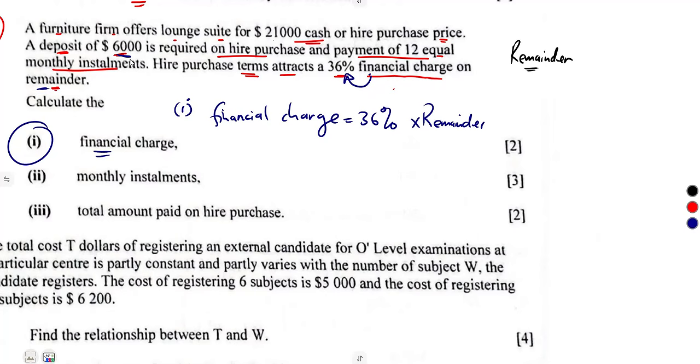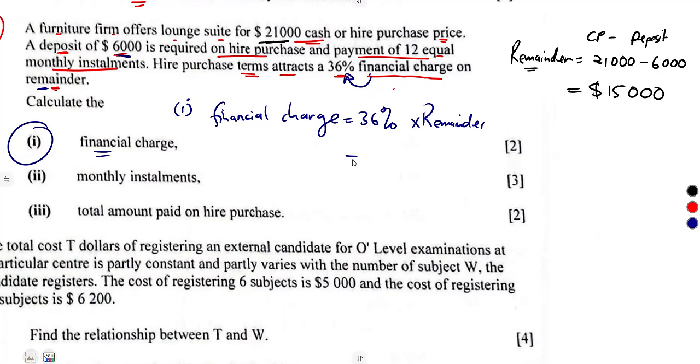What is the remainder when you pay that deposit? The deposit has been paid, so the remainder is from the cash price. It is simply the cash price minus the deposit, where our cash price is 21,000. Subtract the deposit of 6,000. This gives us the remainder of 15,000.